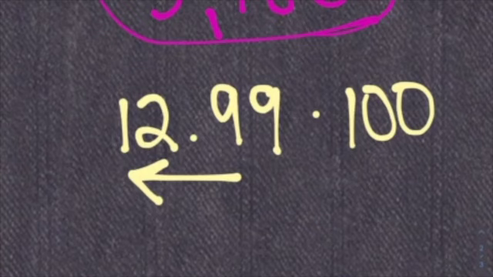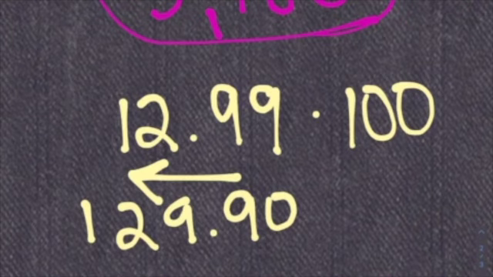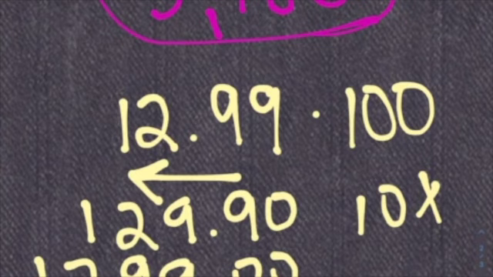So if I did it 10 times bigger, it would be 129.90. That would be 10 times bigger. And 100 times bigger would be 1,299.00. And that is 100 times bigger.